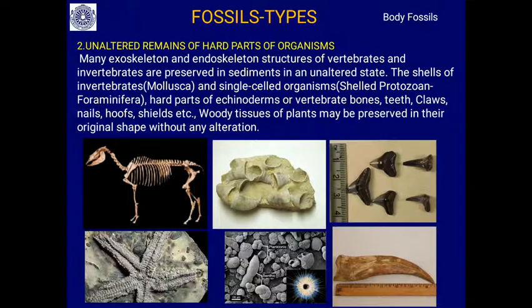The shells of invertebrates, mollusca, you will find, and single celled organisms; this is a microscopic picture under an electron microscope. These are single celled shelled protozoa. You studied last semester foraminiferans, or else Elphidium, Polystomella. So the shells are preserved as they are, or else the hard parts of echinoderms, starfish, preserved as they are in the sediments.